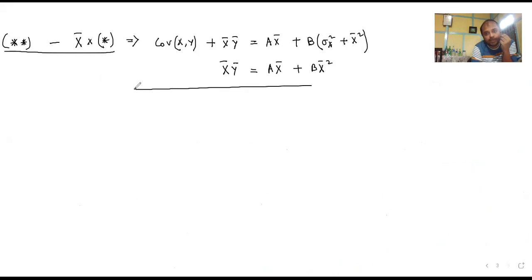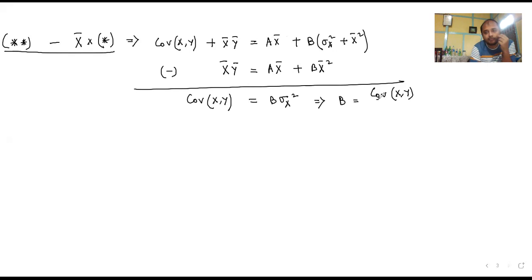Now I'm going to subtract the equations. The left hand side gives me covariance of xy. On the right hand side, a x bar will cancel with a x bar, b x bar square will cancel with b x bar square, and we will get b sigma x square. From there, we find b to be covariance of xy by sigma x square.